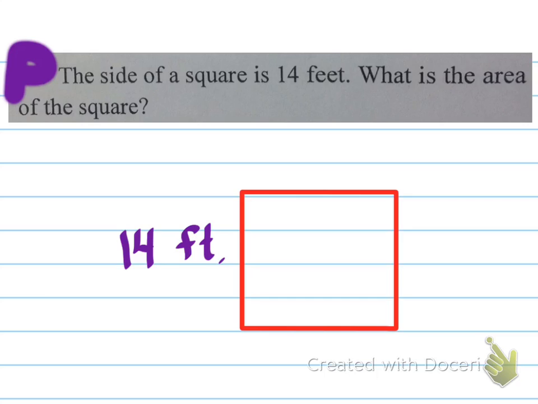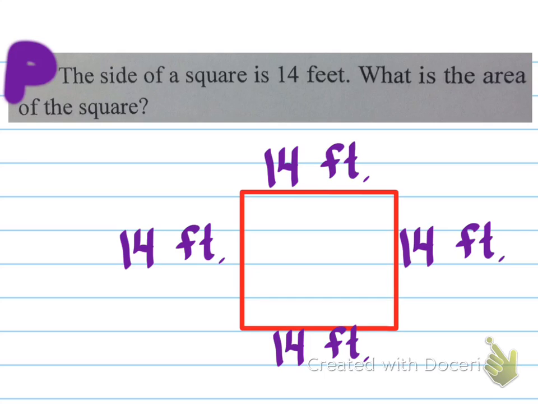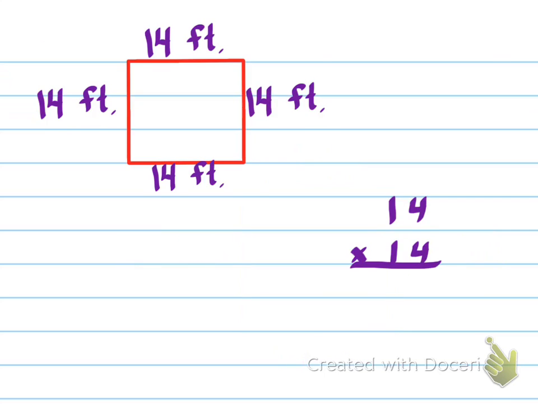So if one side is 14 feet, a square has all 4 sides equal. So I will make all four sides 14 feet. And we need to find the area, so it would be length times width, which is 14 times 14. So go ahead and pause me and multiply 14 times 14, and then come on back and check your work.